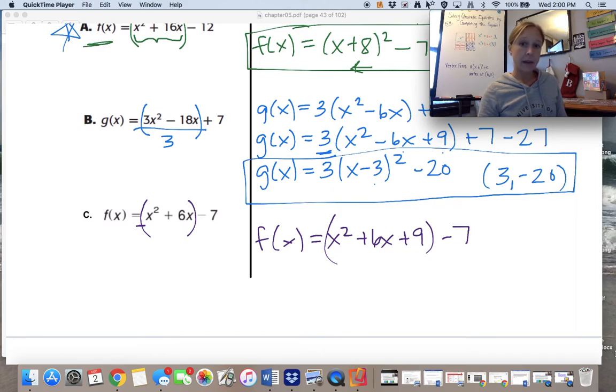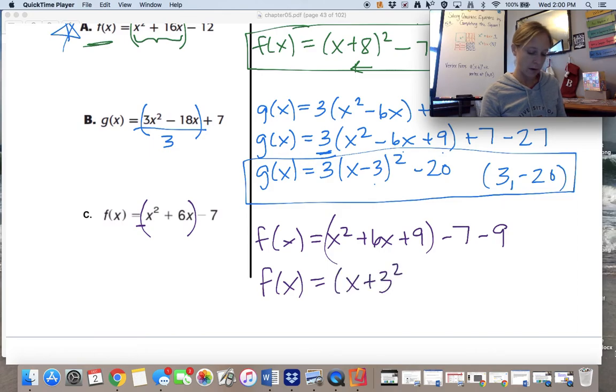If I added 9 onto my function, I need to keep it balanced by subtracting 9 outside of those parentheses. Write this in factored form. X plus 3 quantity squared. -7 minus 9 is -16. Now my vertex. When I see a +3, it means I'm going to the left. So left 3 would be -3, down 16. That's the vertex.